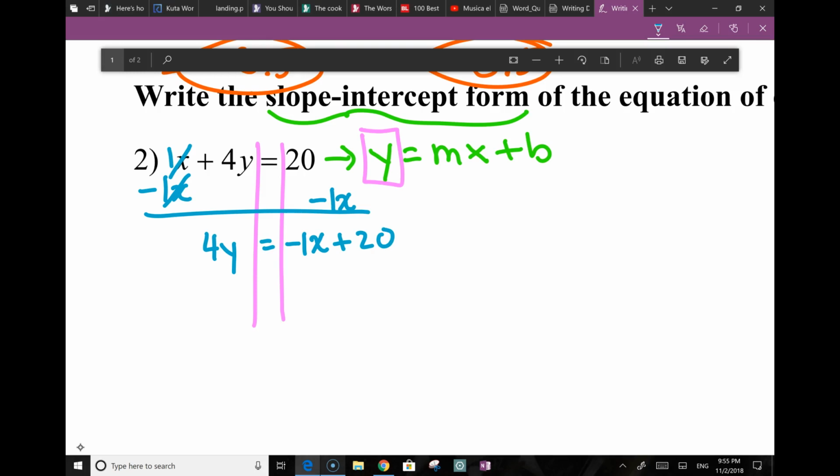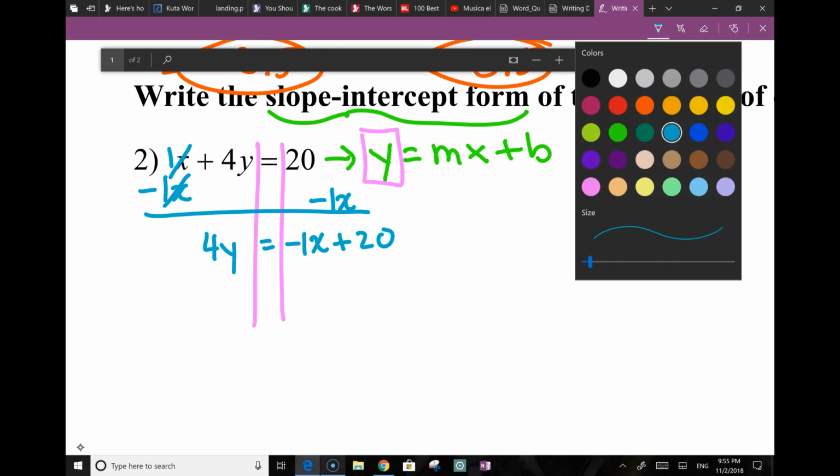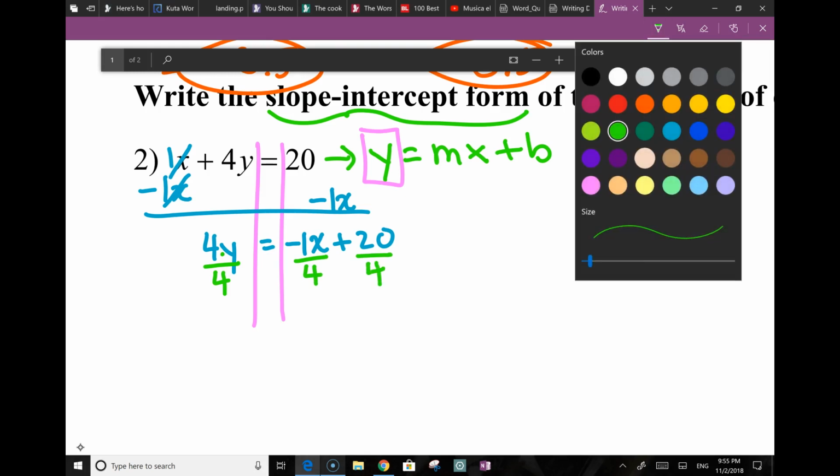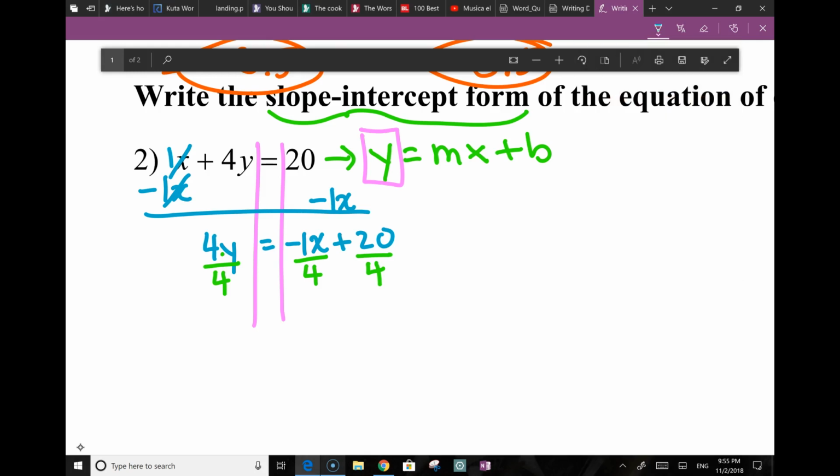And then my last step to isolate the y would be to detach the 4 from the y. And so because this involves multiplication here, I'm therefore going to divide by 4. That's the inverse operation. So dividing by 4, and I have to do it everywhere to maintain the equality of everything. So 4 divided by 4 is 1.